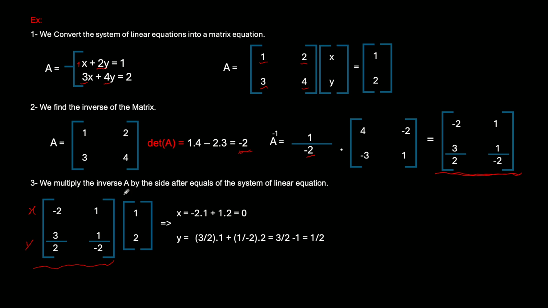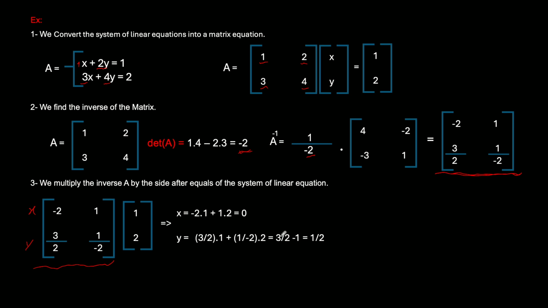Now x is equal to -2 multiplied by 1 plus 1 multiplied by 2, and this is equal to 0. Okay? Then y is equal to 3 over 2 multiplied by 1 plus 1 over -2 multiplied by 2.